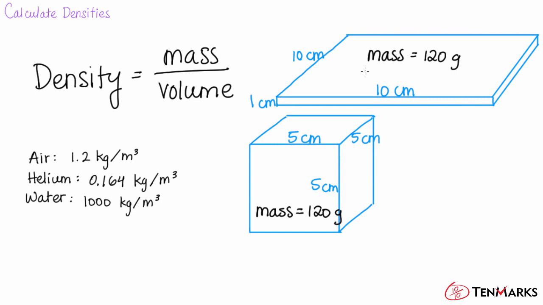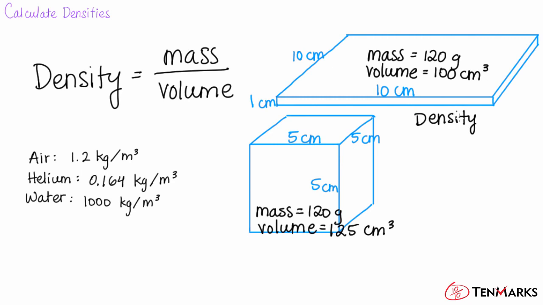First, let's calculate the volume of each. The volume of this big board is 10 times 10 times 1, which is 100 centimeters cubed. And the volume of this cube is 5 times 5 times 5 centimeters cubed, which is 125. So now we can calculate the density.